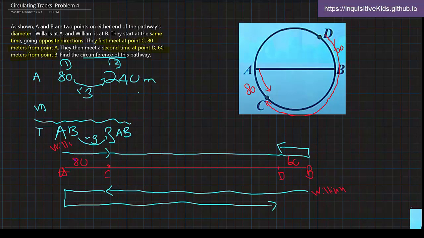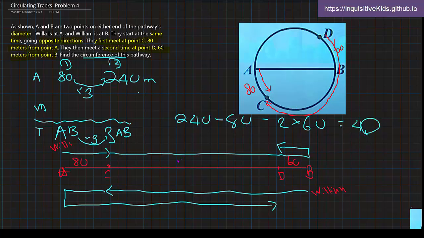We know that this part is 80, and these parts are 60. All we're trying to find is this remaining part, and then we can find the circumference of this pathway, which is this whole segment. So first I'm going to subtract: 240 minus 80, minus 2 times 60, since there are two 60s in here. 240 minus 80 is 160. 160 minus 120 is 40.